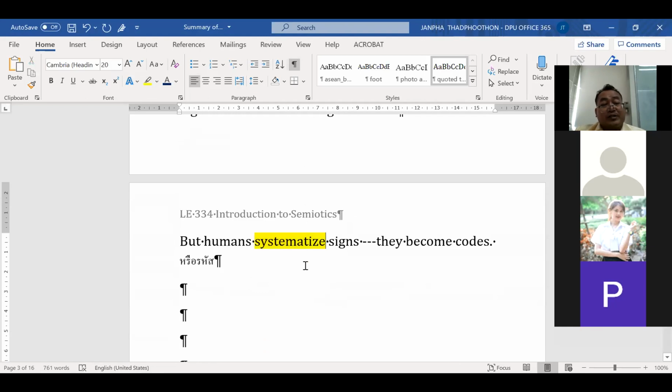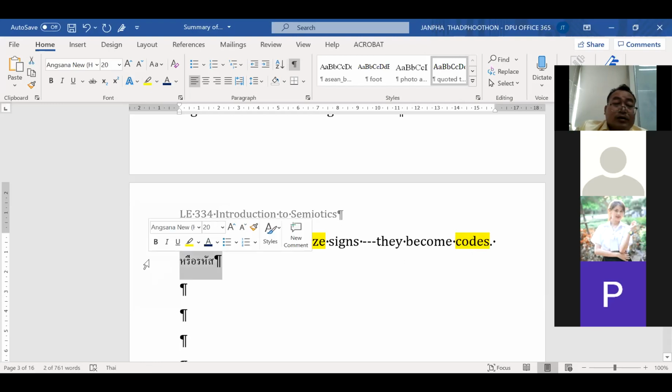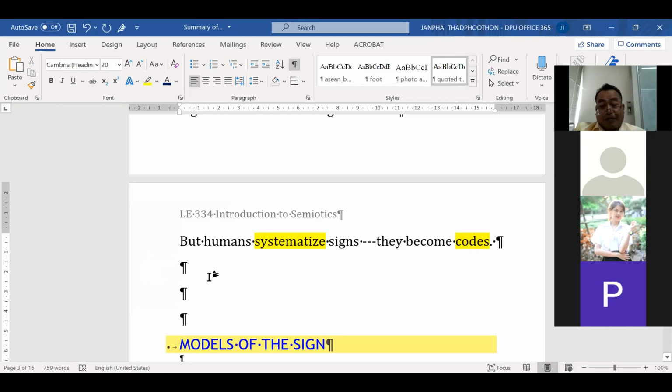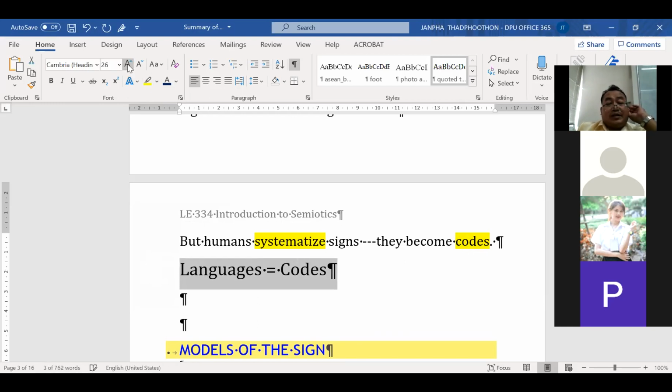And we humans systematize those signs, and then we create the codes like the programming language, many languages. We can say that a language is a system of code.